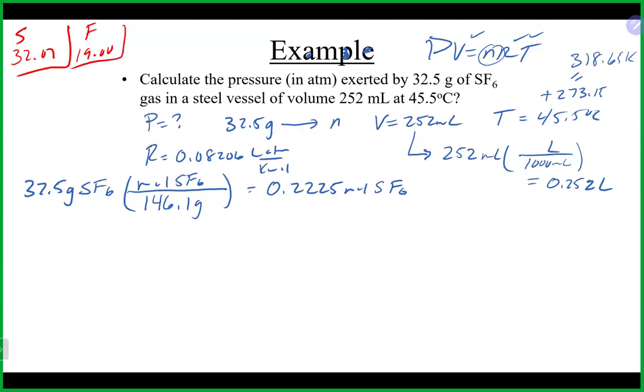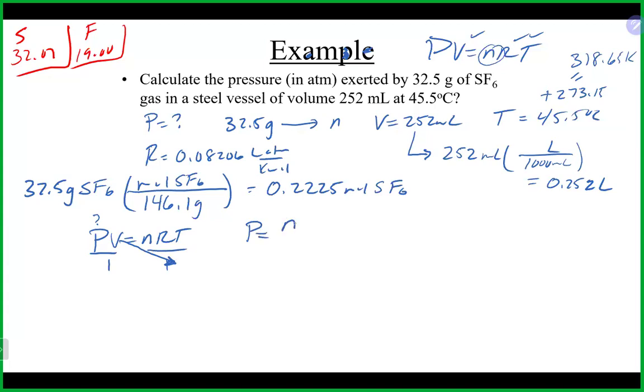Now that we got everybody in the proper units, we're going to rearrange our ideal gas law. Again, not really written as a fraction, but you can think of it like that. And we're going to solve for pressure, so we need to move volume to the opposite location, which is on the bottom, basically dividing by it.